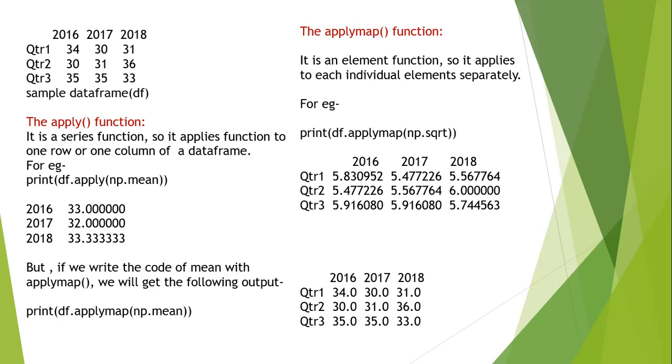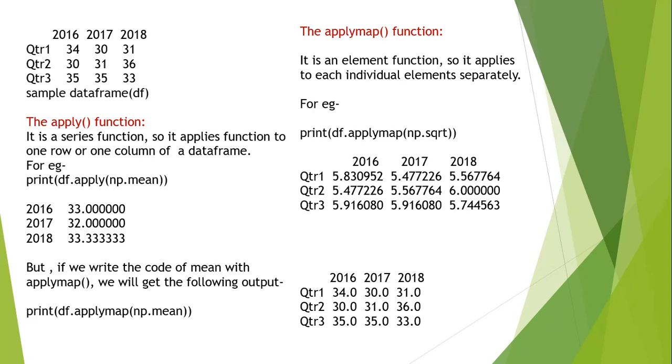So 34 is divided by 1 itself: 34 by 1 will result in 34.0, 30 divided by 1 will give you 30.0, 31 by 1 will give you 31.0. Earlier this mean function was operated by using the apply function, and now this mean function has been operated by using the apply map function. So you have to see the difference between both of them.